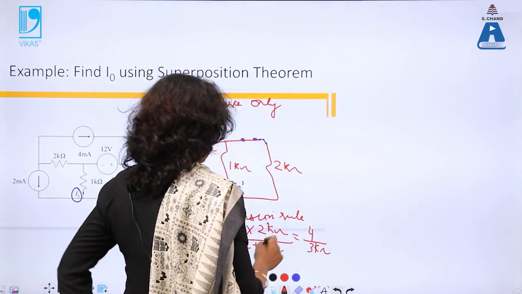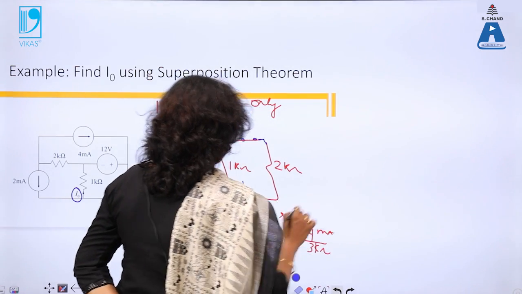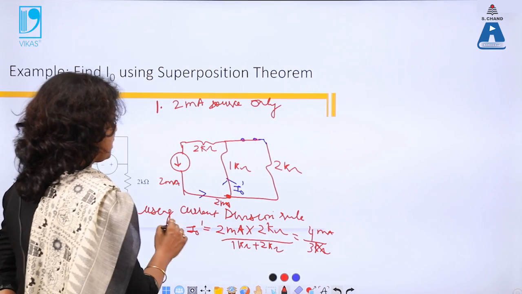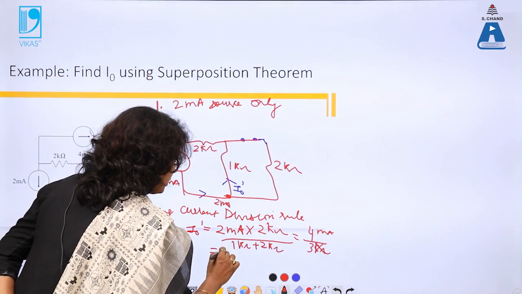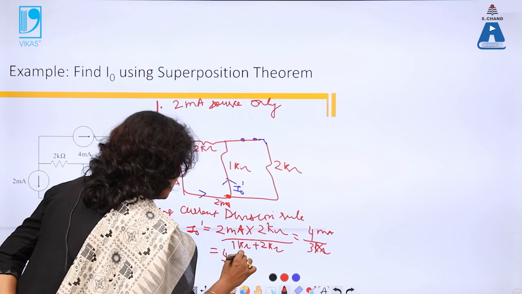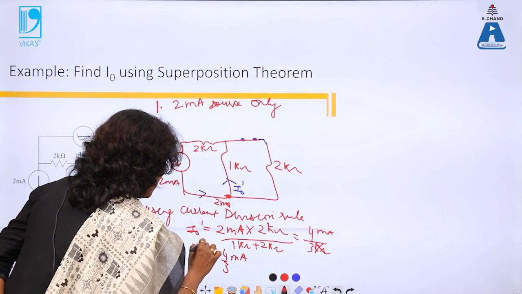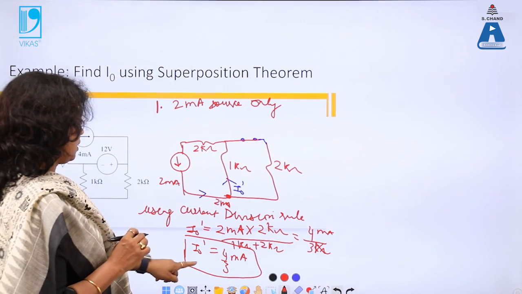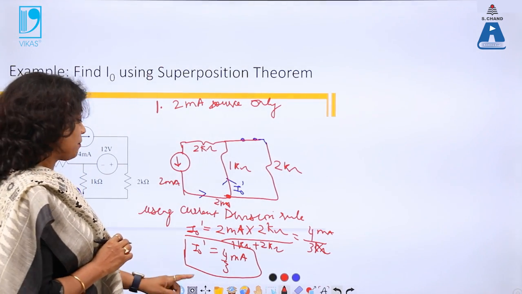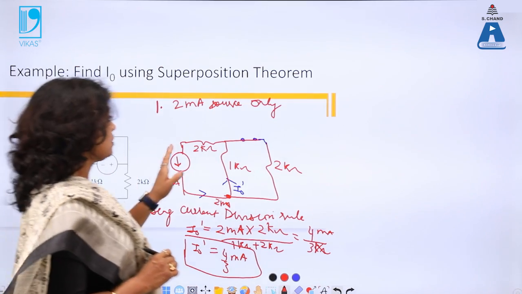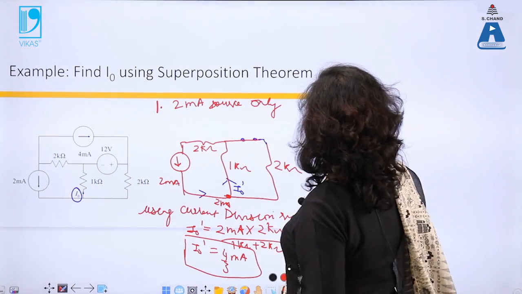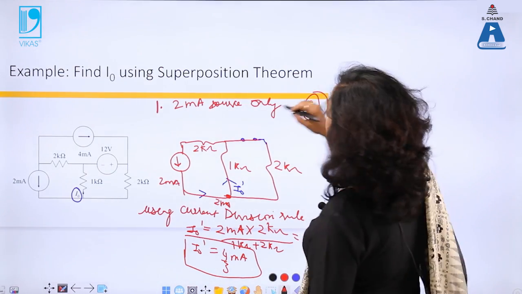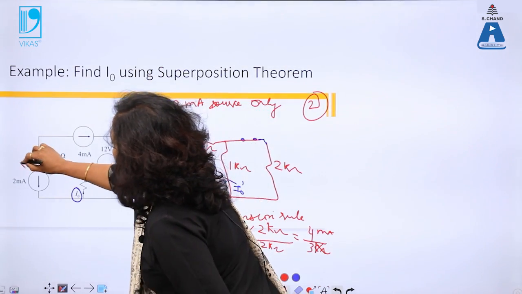So this kilo ohm will cancel, this is 4 milliampere, and this kilo ohm will cancel from the above figure. So I naught dash will be 4 by 3 milliamperes. So I have now obtained current in 1 kilo ohm using 2 milliamperes with the direction. Now this is the first step because of the first source.